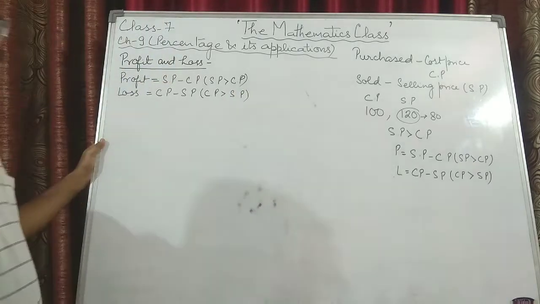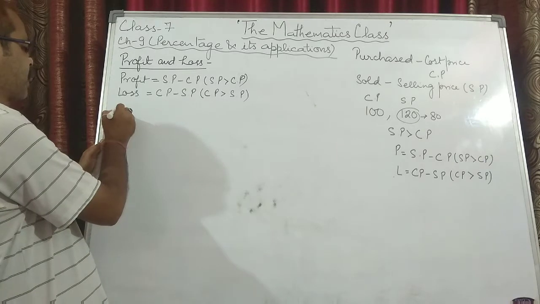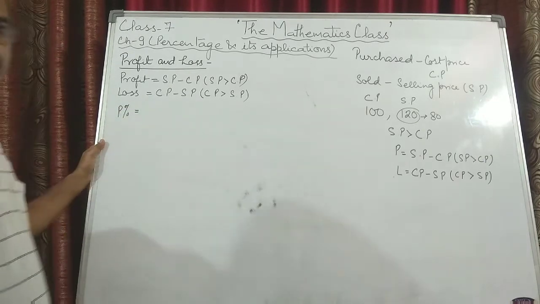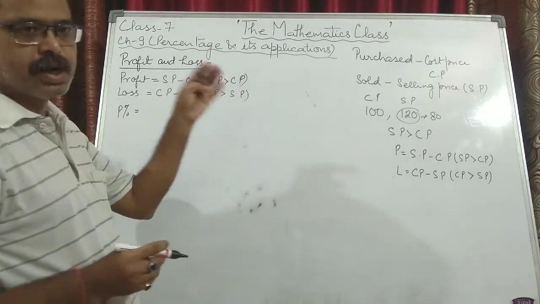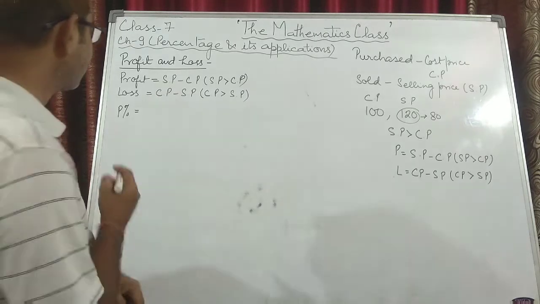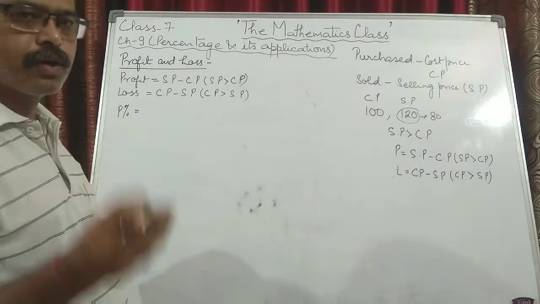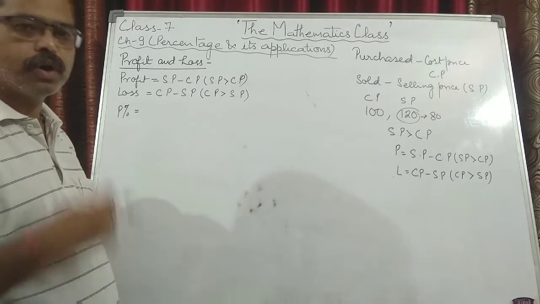Then we will calculate profit percent and loss percent. Now profit percent. In the previous class we have studied percentage change as change upon initial value or actual value into 100. The actual value is always the cost price; we always calculate profit or loss on cost price.